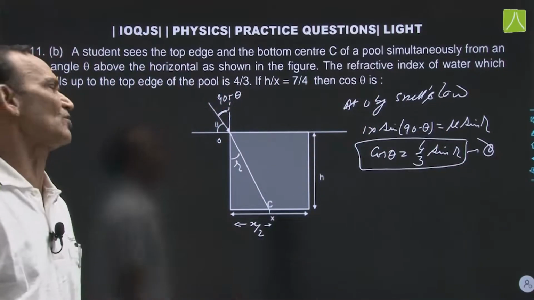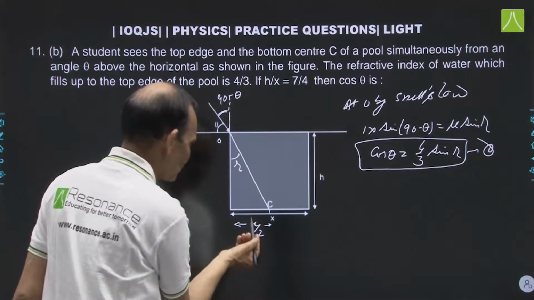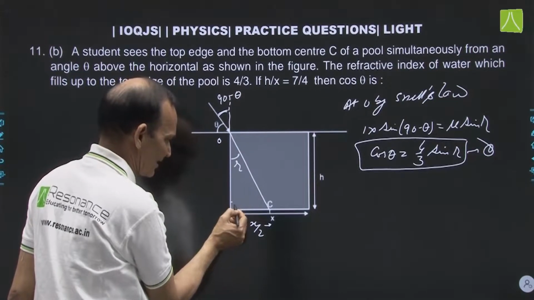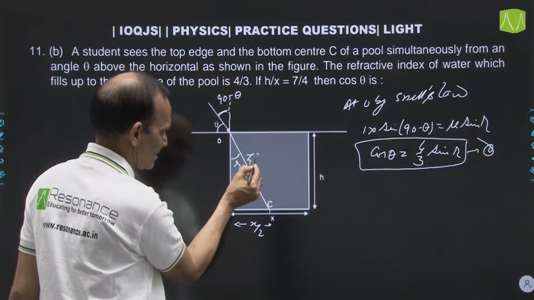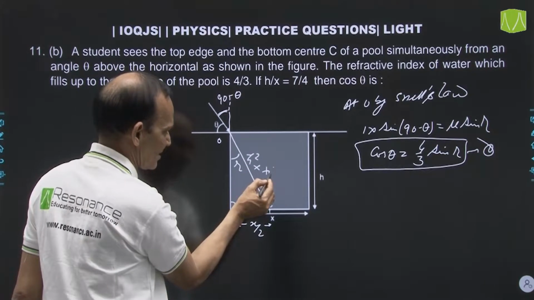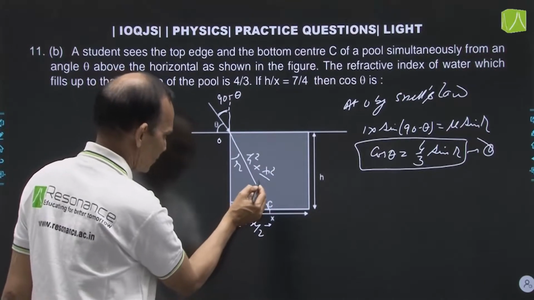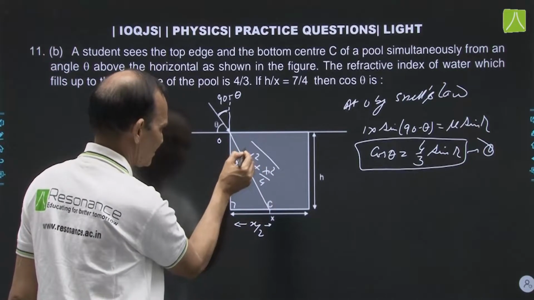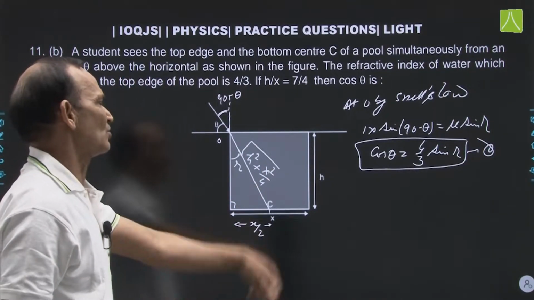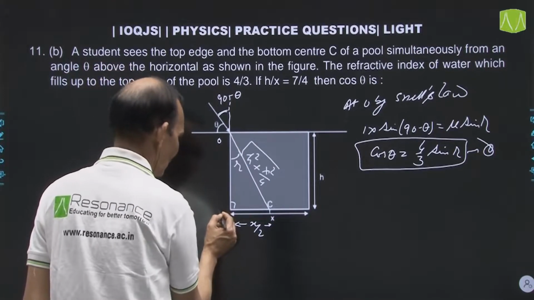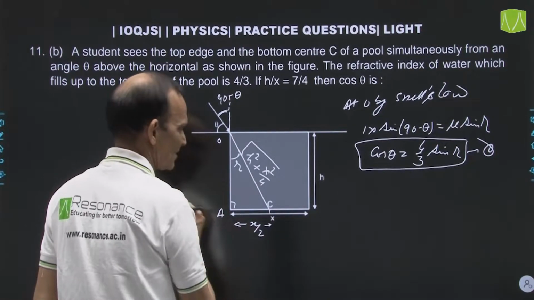How will we find the sin of r? It is x by 2, we can find the hypotenuse, 90 degree, it is the square root of h square plus x square by 4, this length. So we can easily find sin of r from triangle OAC.